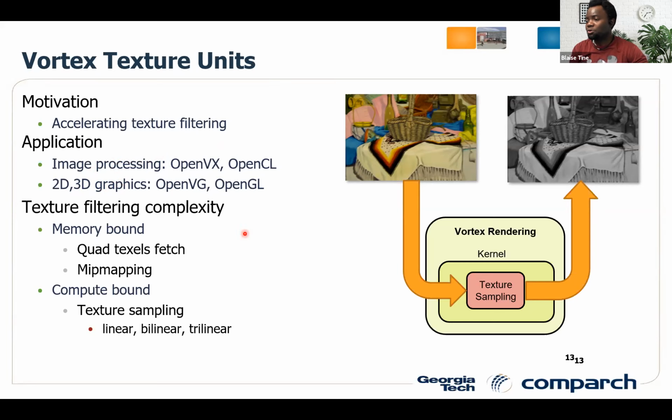It's memory bound because the operation accesses a lot of pixels, and sometimes the accessed pixels are in different layers of the textures, like mip mapping. It is compute bound because once we access the data from memory, we have to apply some filtering operation to obtain the final image.